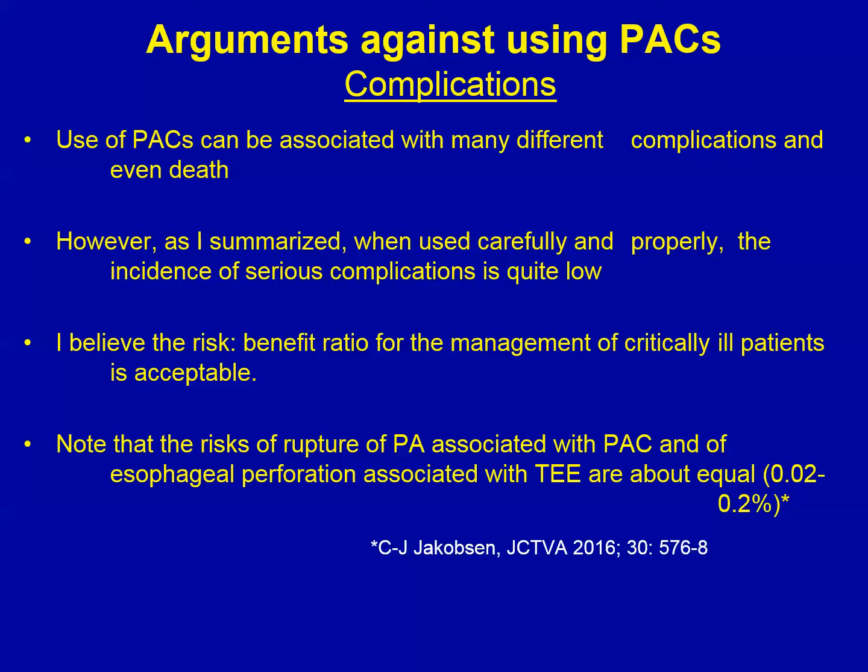It is noteworthy that the risk of rupture of the pulmonary artery associated with the pulmonary artery catheter, which is the most dreaded complication, is not too different from the risk of esophageal perforation associated with use of TEE, which is commonly recommended.